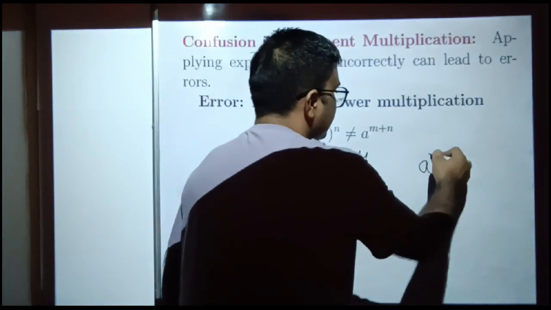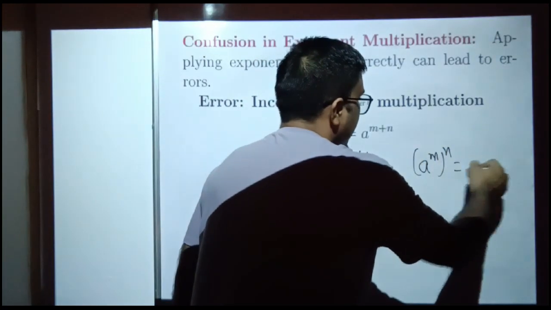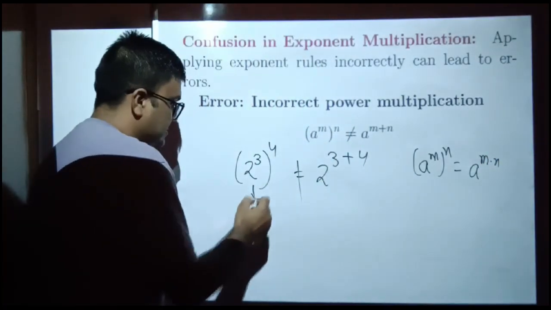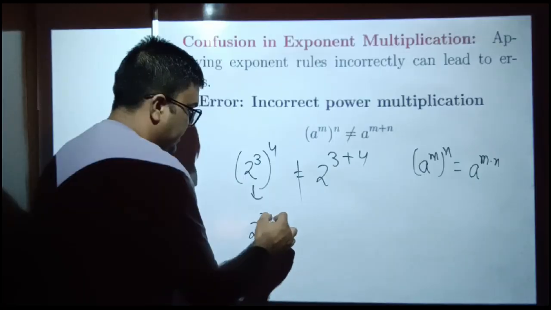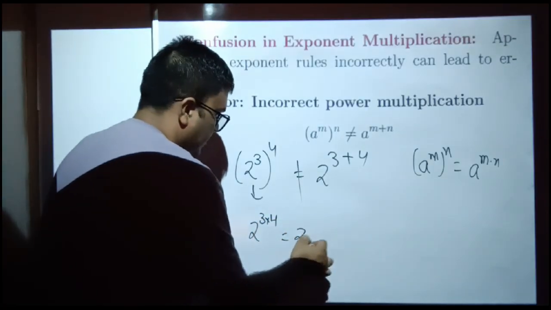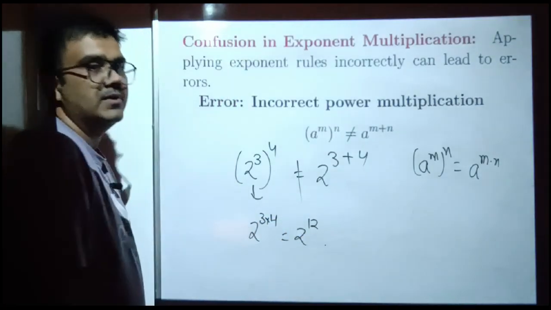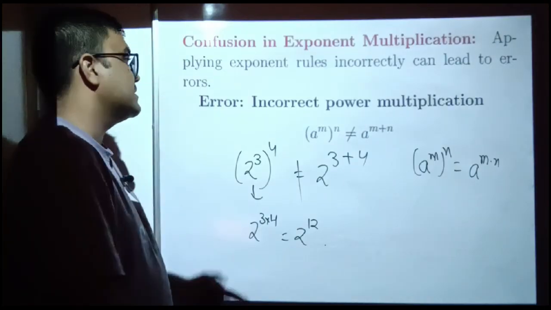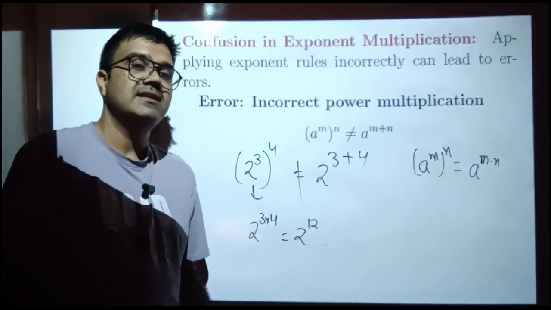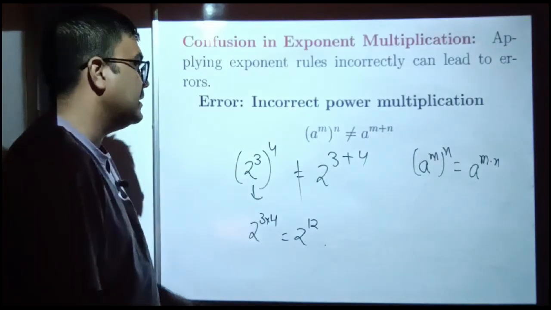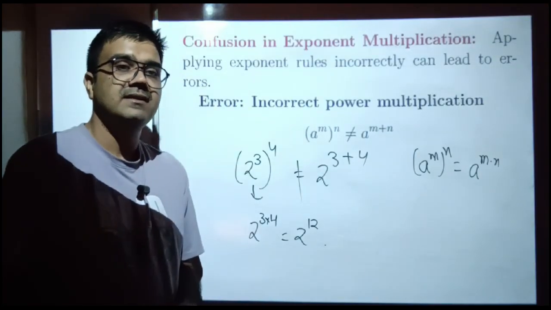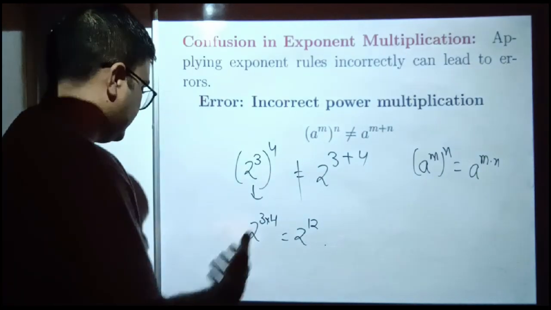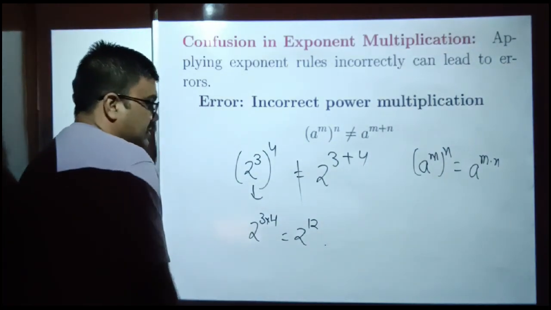We have a raised to the power m raised to the power n, which is basically a raised to the power m into n. The answer should be 2 raised to the power 3 into 4, which is 2 raised to the power 12. So these are some basic calculation errors that students make. Always keep these in mind whenever you are solving algebraic expressions.